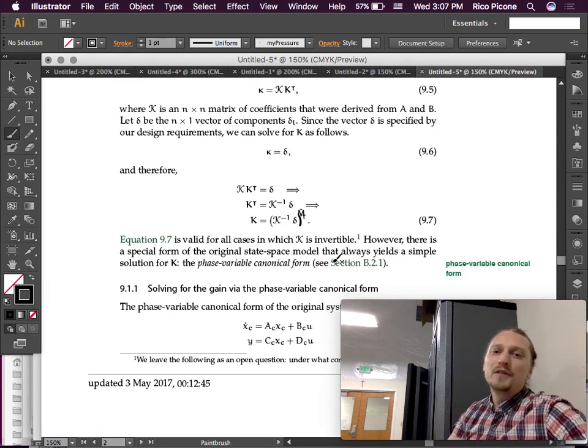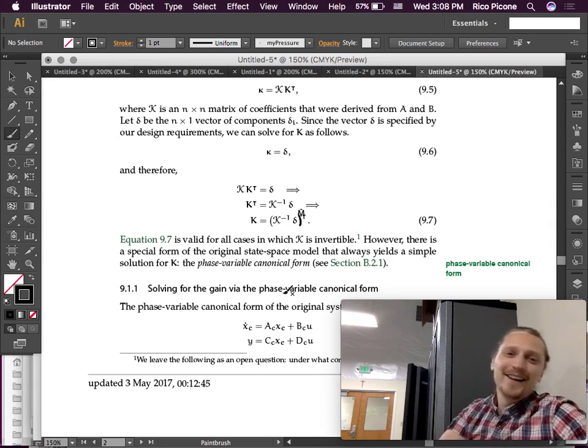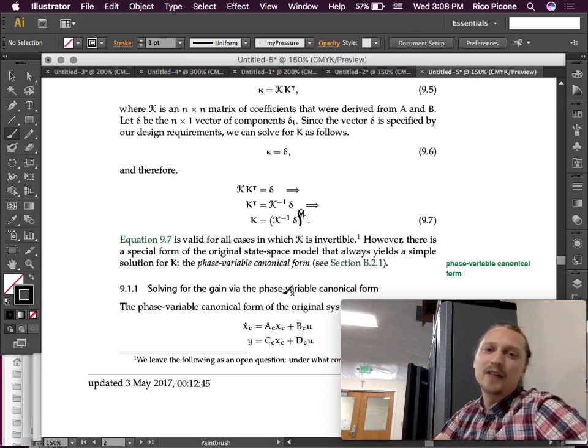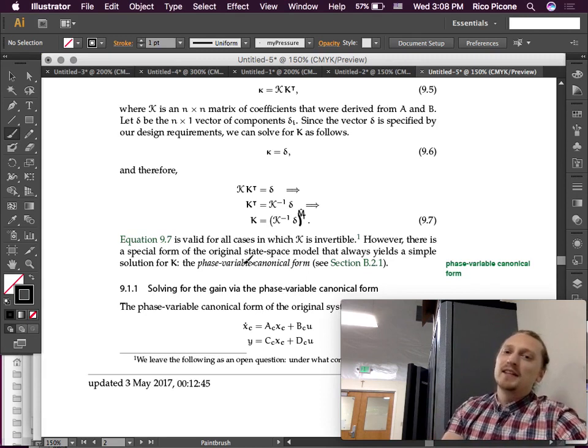So we've solved for what the gains are, as long as we can figure out what script K is. Equation 9.7 is valid for all cases in which script K is invertible.